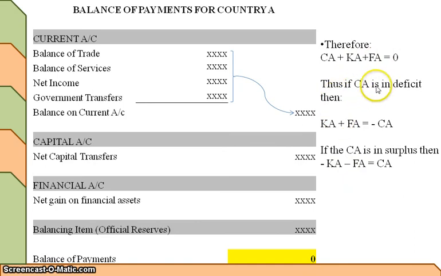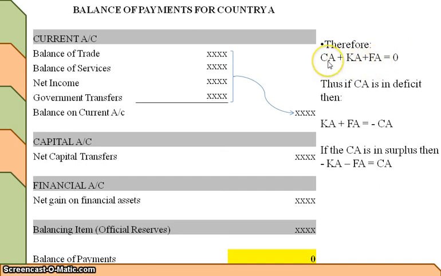Therefore, if the current account is in deficit, you simply carry the current account from this side of the equation to the other side of the equal sign, and the capital account and financial account still remain positive.